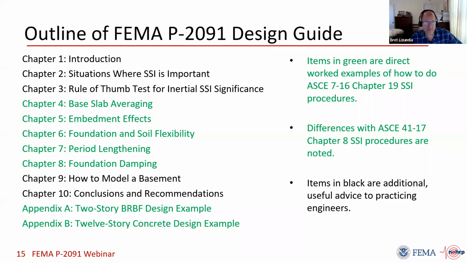For example, Chapter 4 is all about base slab averaging, but you don't get a huge discussion of a big building. On the other hand, in Appendix A and B, base slab averaging will be talked about as one of many things, but you'll see it from start to finish of how a structural engineer would initiate and then implement different SSI techniques.